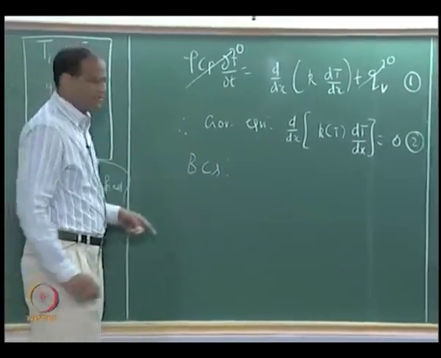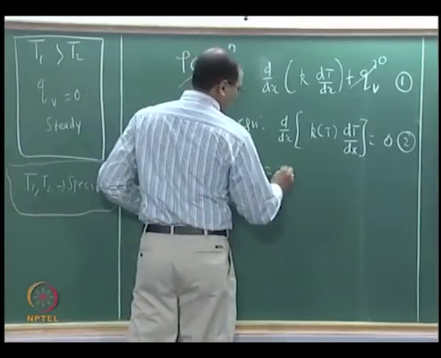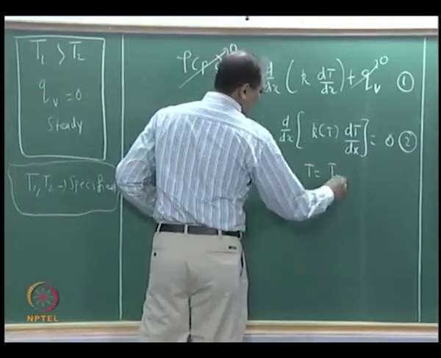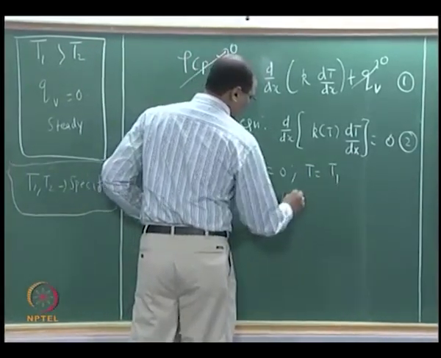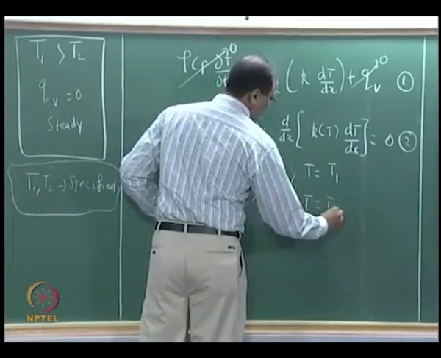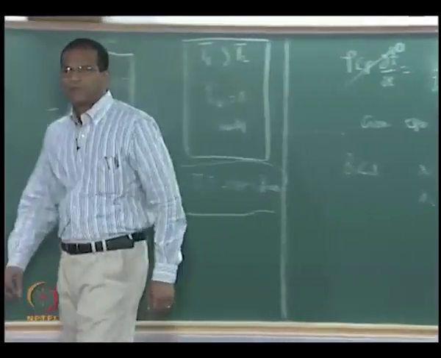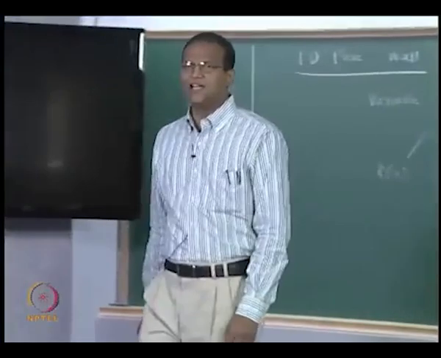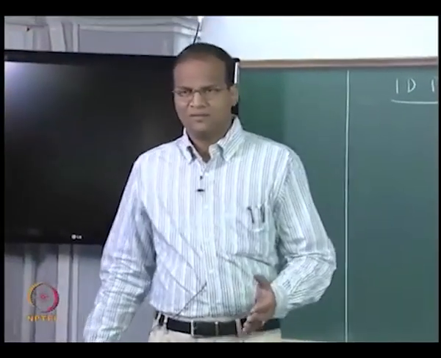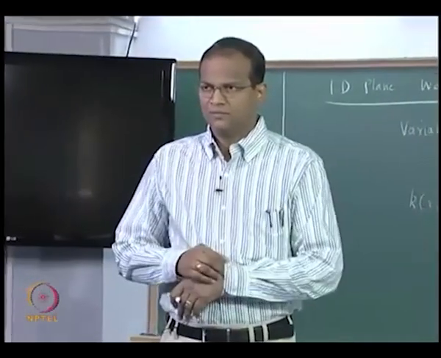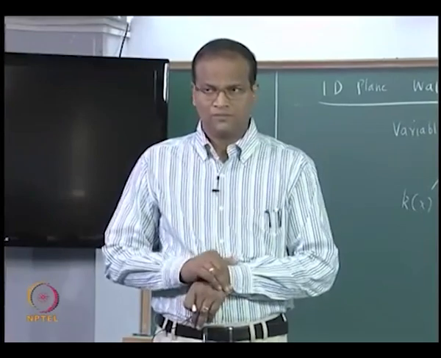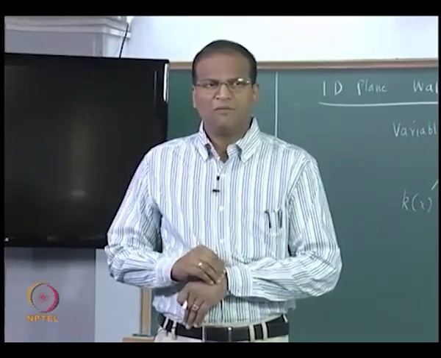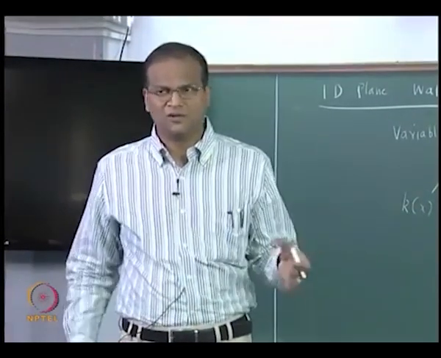BC is boundary condition, with the understanding that T1 is greater than T2. It can also be the other way. Because please remember, if T1 equal to T2, in this case there is no heat transfer.